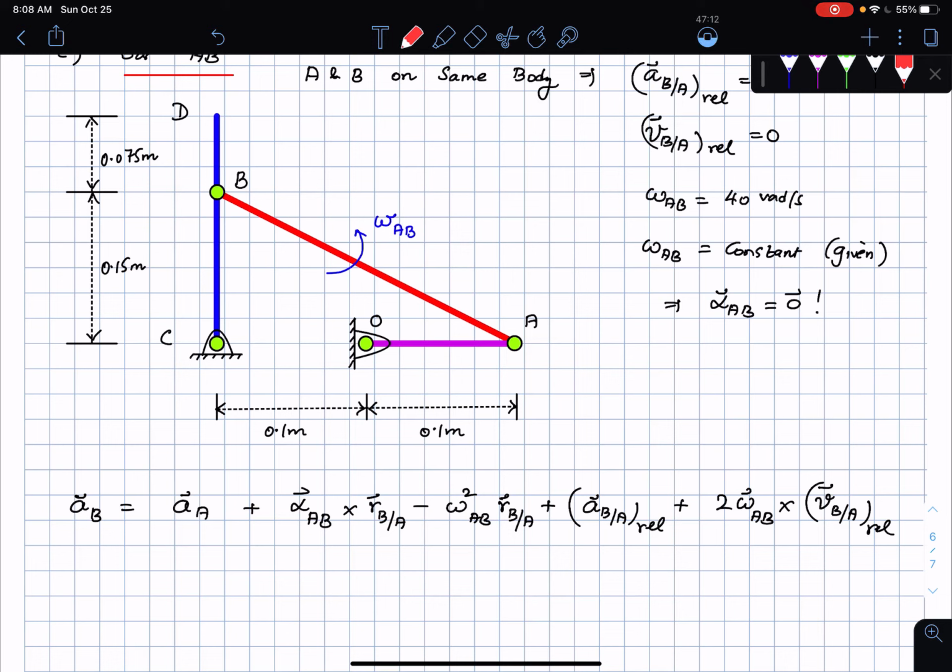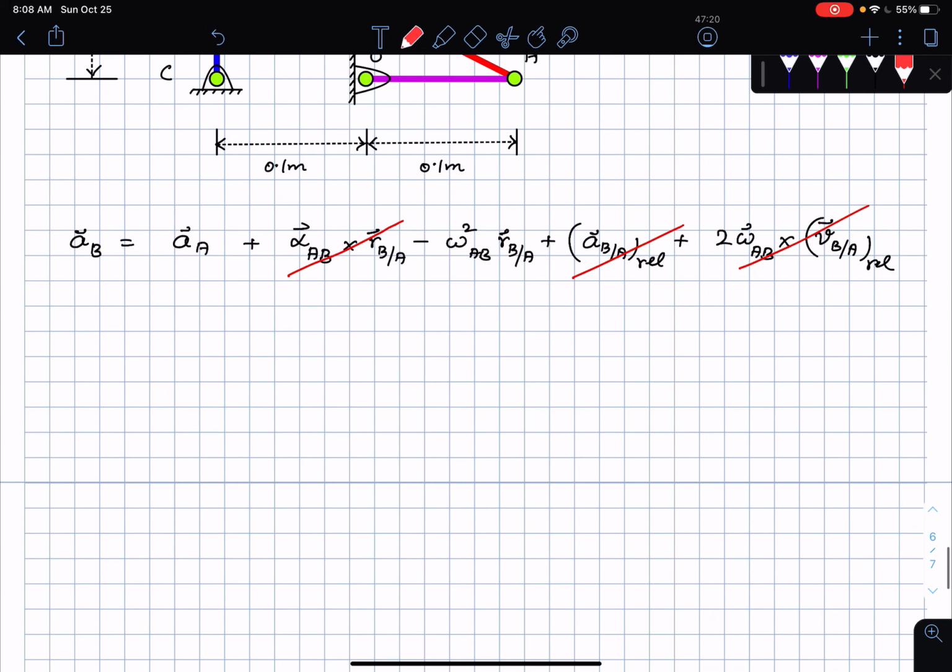Get rid of many of these things. Alpha AB is gone, the relative acceleration is gone, this is also gone. And then how do I write R B/A? Okay, so that's quickly done here.